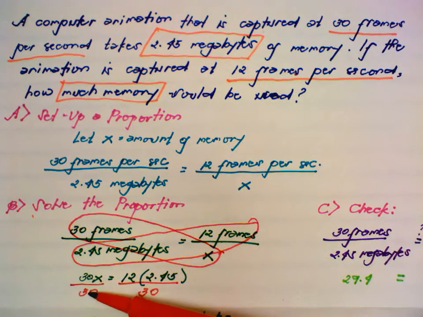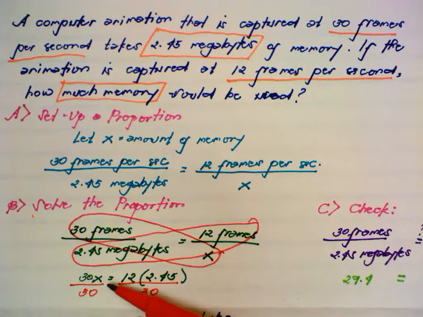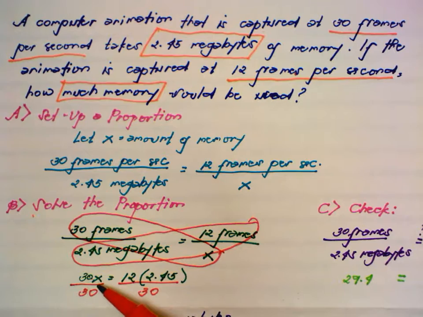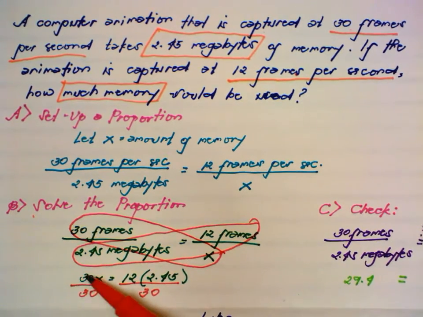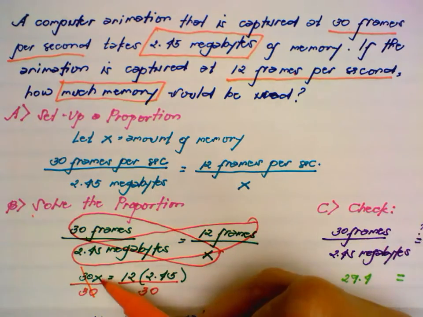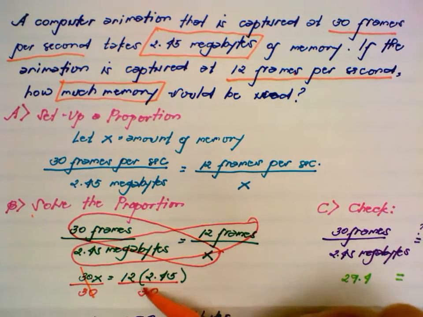So 30x divided by 30. Whatever you do on one side, you have to do the same thing on the other side to maintain your equality, because you're saying that they're equal. Whatever's on the left is equal to whatever's on the right, so you have to divide both sides by 30. Again, our goal is to isolate X, so we divide by the coefficient of X, the number in front of X. So we divide this also by 30.